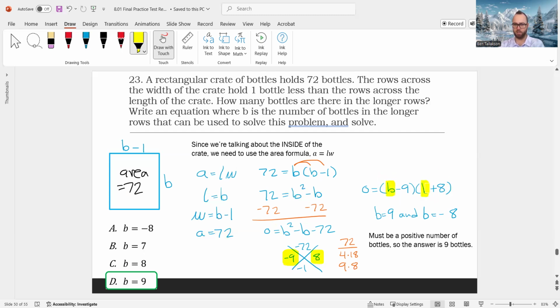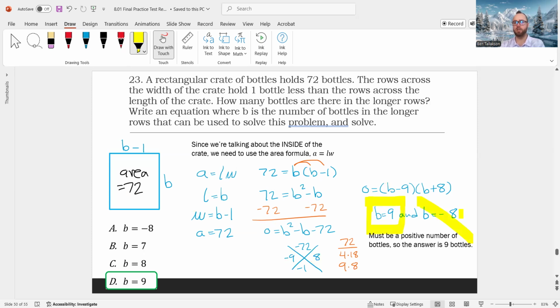Remember, this is usually x. So it looks a little different here, but in this case it's b. And then that negative 9 and 8 are there. And finally, we apply our zero product properties, setting each factor, b minus 9 and b plus 8, equal to 0, and solving. But notice the helpful hint here, it has to be a positive number because we're talking about a number of bottles in a crate.